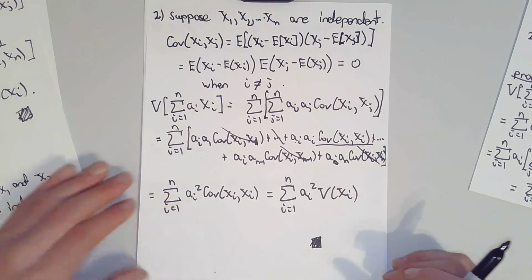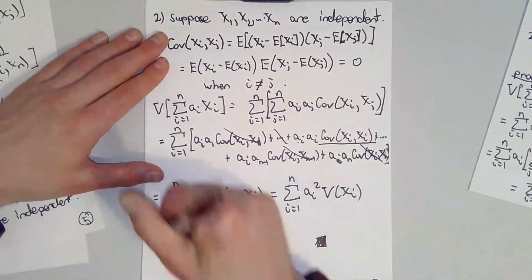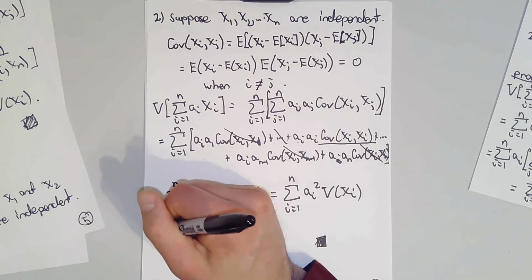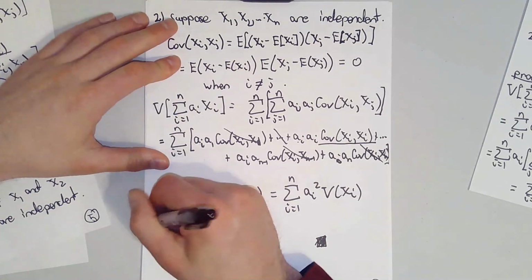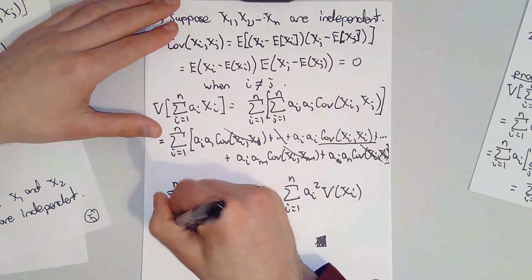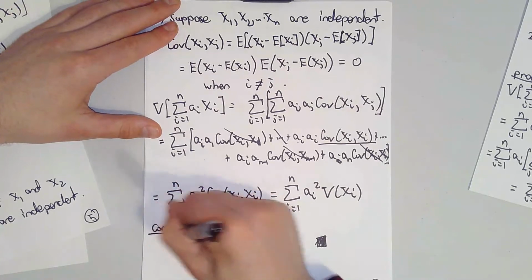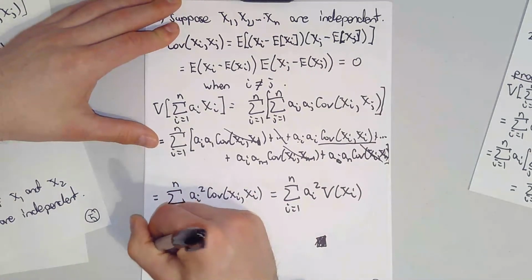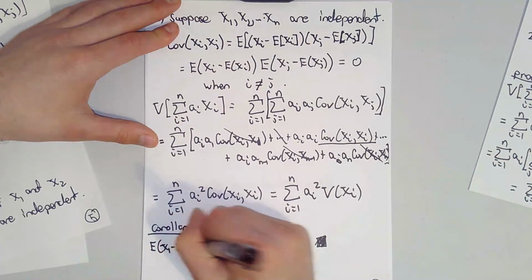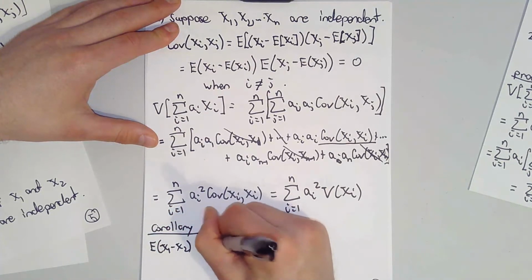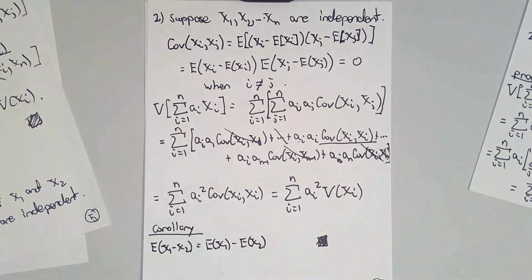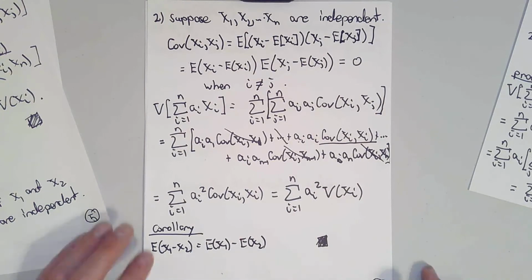So a quick corollary of this, if I can fit it in, is that many times we want to consider differences of random variables.